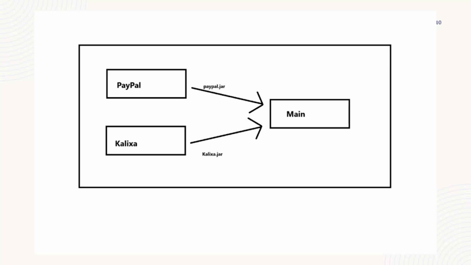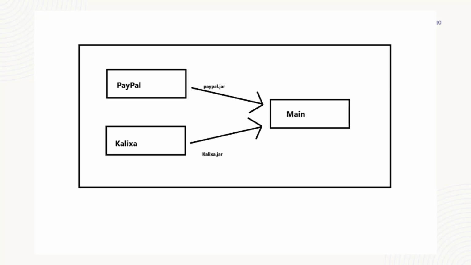Now let's talk about the integration flow. When a user initiates a payment, the main module decides which payment gateway to use. For instance, if the user chooses PayPal, the main module will invoke the PayPal.jar file to process the transaction. For Calixta, it will choose Calixta.